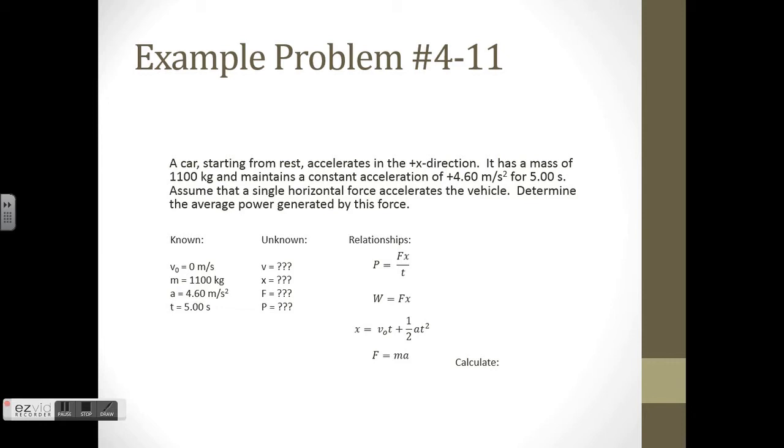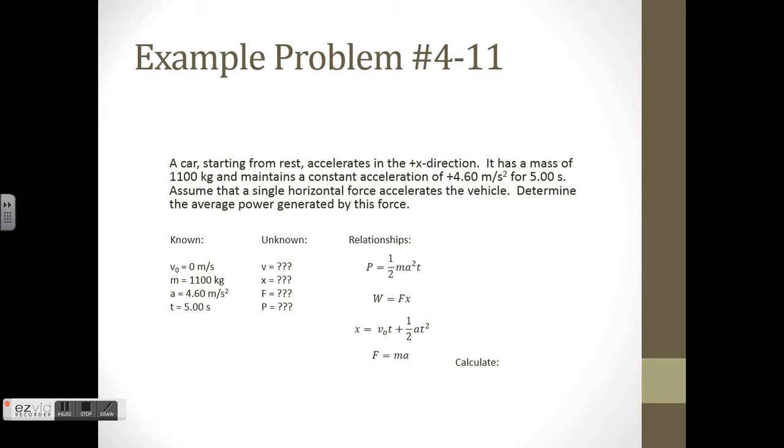I could calculate the force by doing mass times acceleration, and I can calculate the distance by doing initial velocity times time, plus 1/2 acceleration times time squared. If I plug in those two expressions, F becomes ma, x really becomes 1/2 at squared, and the reason is that v initial is 0, and I can do some algebra to solve this out.